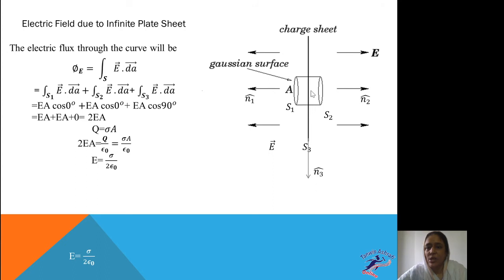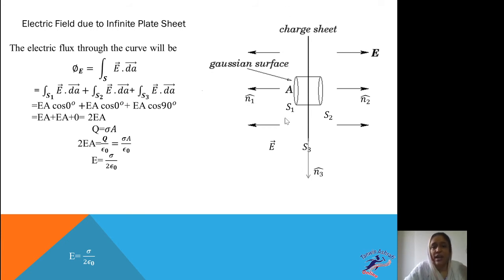This is a pillbox. One face is directed toward the left and another is directed toward the right. This is the n cap, this is the n cap. Now the electric field E is also directed toward the left and toward the right. That means there are three surfaces: one on the extreme left, one on the extreme right, and one is the sheet, the charged sheet.